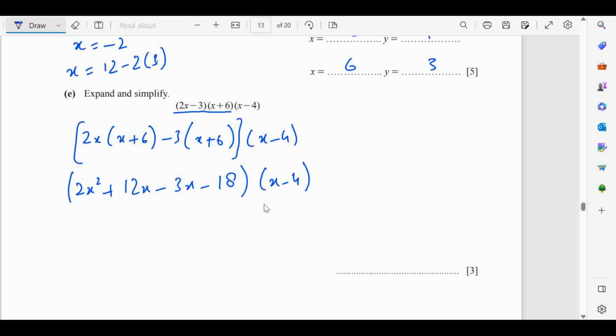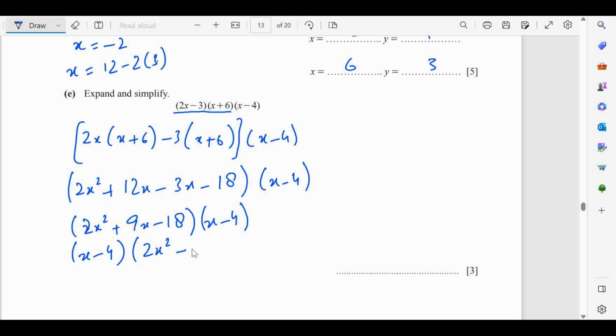x minus 4. Now we can further simplify it as 2x square plus 9x minus 18 into x minus 4, or we can write it as x minus 4 into 2x square plus 9x minus 18.